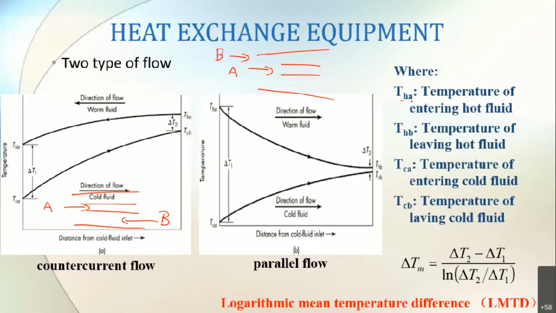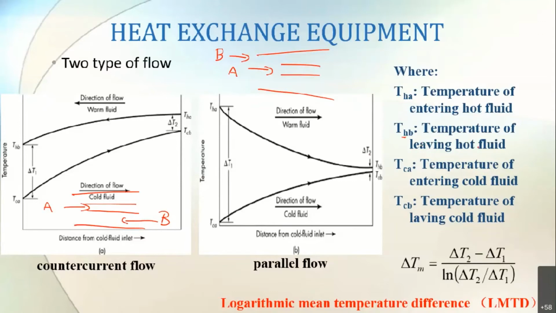A is for the fluid entering the heat exchanger. So THA is the temperature of the hot fluid at the entrance. THB is again T hot, but for the hot fluid leaving.